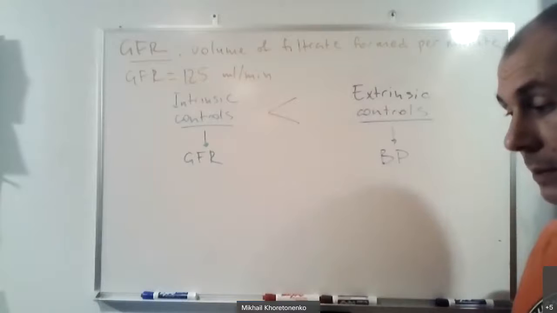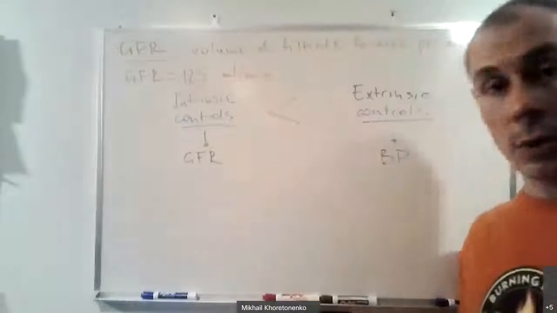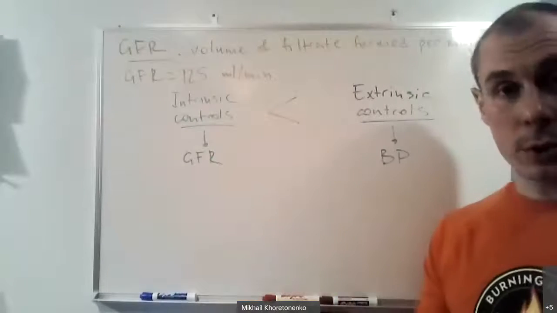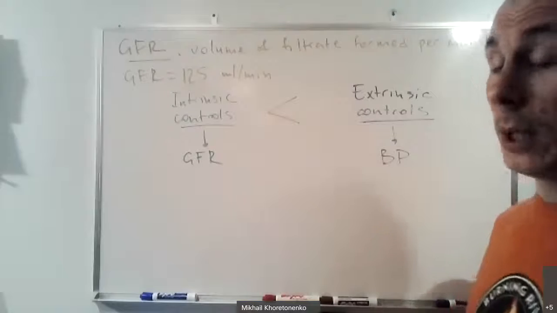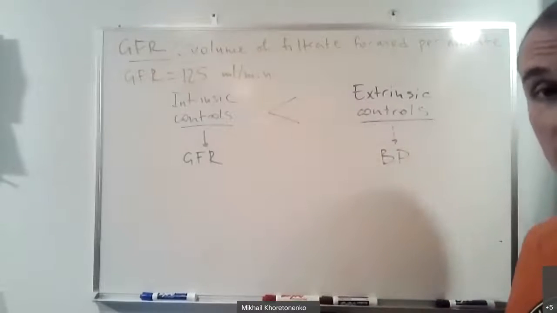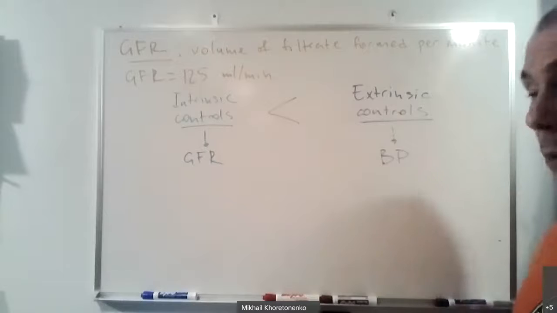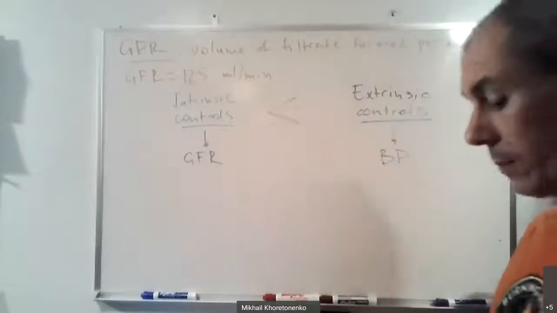Does that make sense? So basically, this works when everything's normal, and this works when blood pressure is too low. For instance, you're terribly dehydrated or after blood loss. So we already discussed renal mechanisms that regulate blood pressure. One of them was direct mechanism, remember?